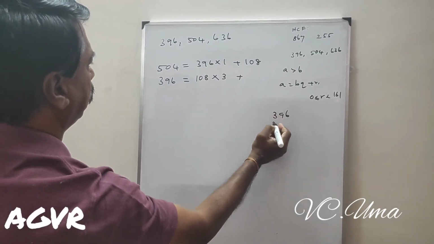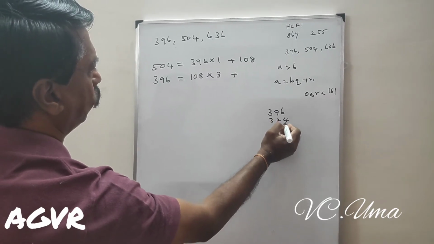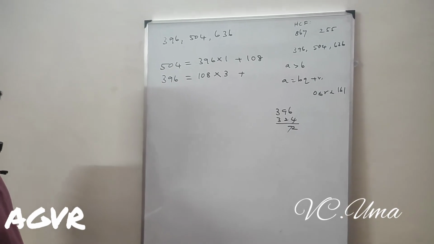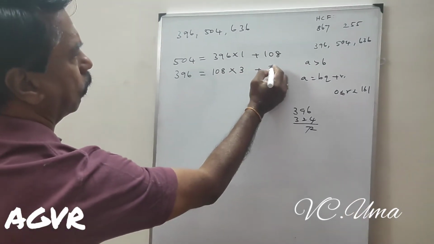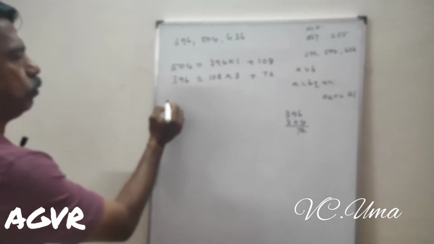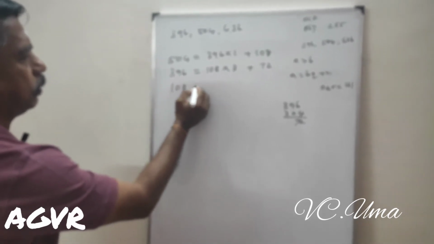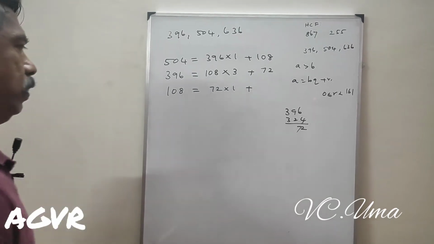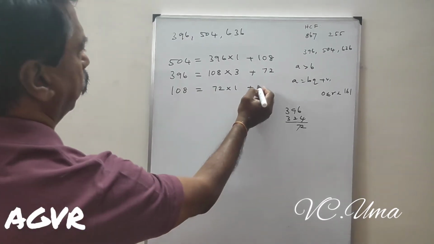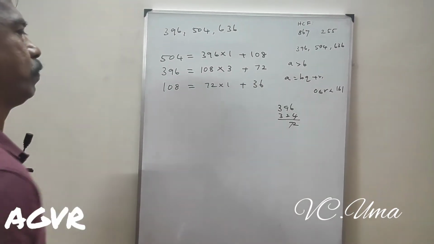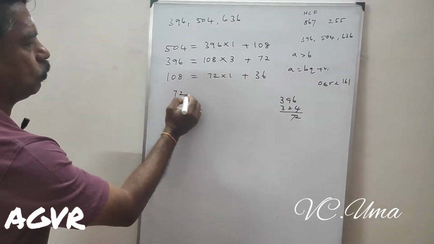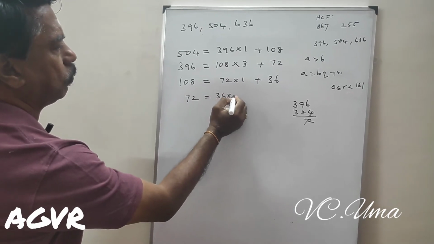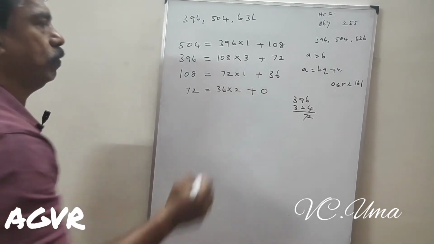So 396 minus 324, you get 72. Now you take 108, that can be written as 72 into 1 plus 36. Now you take 72, that can be written as 36 into 2 plus 0.